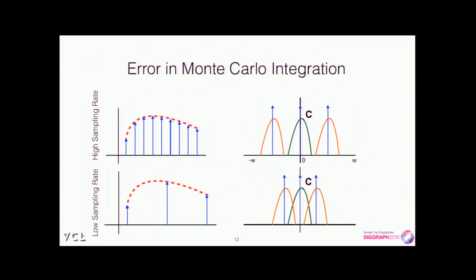DC. So if omega equals 0, we saw that f hat gives you the integral of f, right? Which means, unlike reconstruction, where we wanted a low-pass filter and remove these, when we integrate, we are only worried about DC. We don't care about this green area. DC of this gives us the integral.